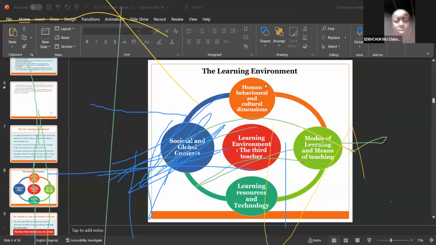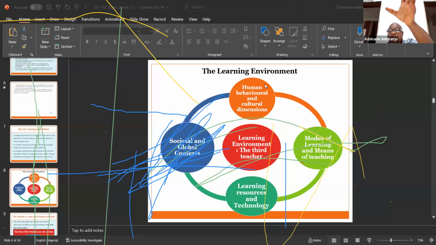The dual mode is the one operated in Unilag and the University of Ibadan, whereby they have the conventional students, and until those students finish, you cannot start your own lecture. You are to come to the school to have your lecture.